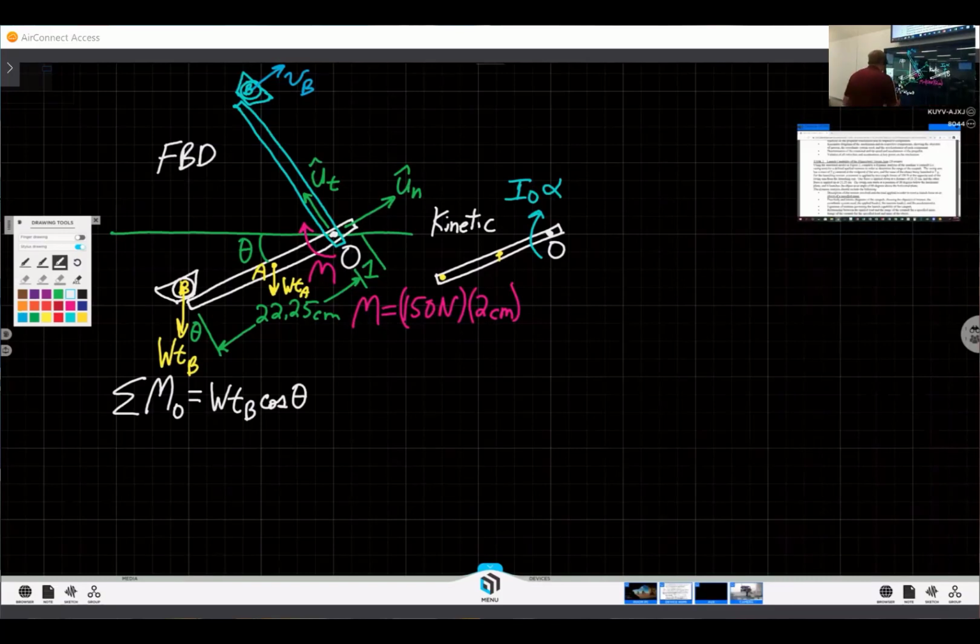So using my right-hand rule for what's a positive moment, I would actually say clockwise is positive. A tangent cross the normal gives you your binormal direction, the perpendicular axis to the plane of motion. As long as we define our positive direction, we can make sure we're doing our moments correctly.